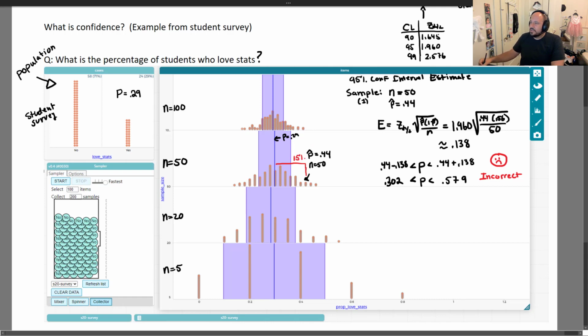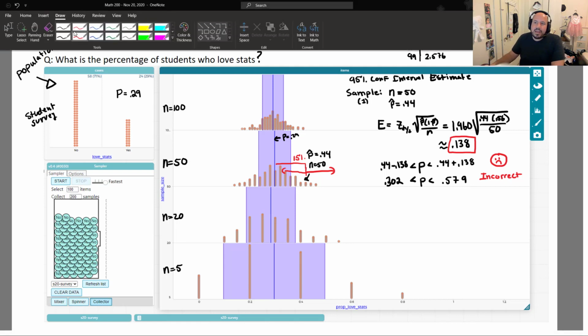And if you notice, the 15 percentage points that we have in actual error is larger than the 13.8 percentage points that I built in as my wiggle room, right? So my 13.8% kind of stops here, and it doesn't actually capture the true value because that one sample is too far away. And so we ultimately are incorrect.